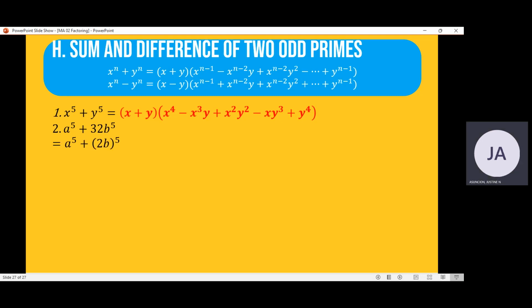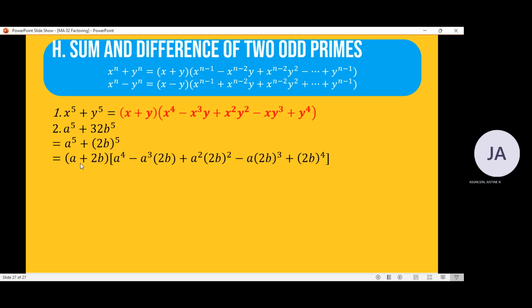So the first term is a and the second term is 2b, and we can express that as a plus 2b as one of the factors. Then again, observe: the first term is a raised to 4, a raised to 3, a raised to 2, a, and then 0, while the second term is increasing: 0, 2b, 2b squared, 2b cubed, and 2b raised to 4.